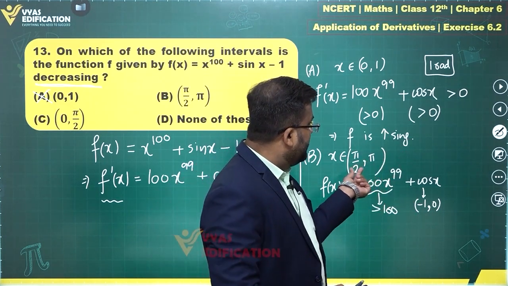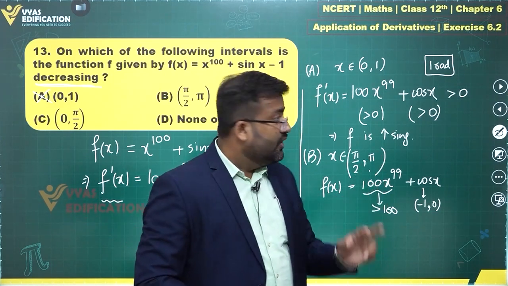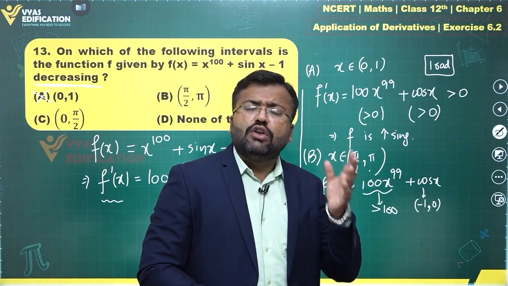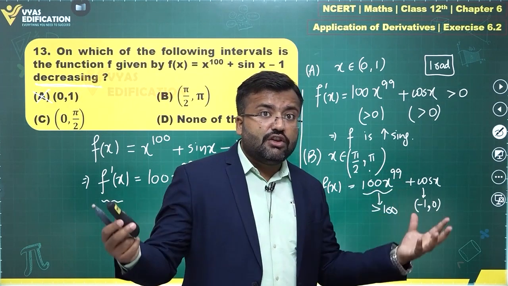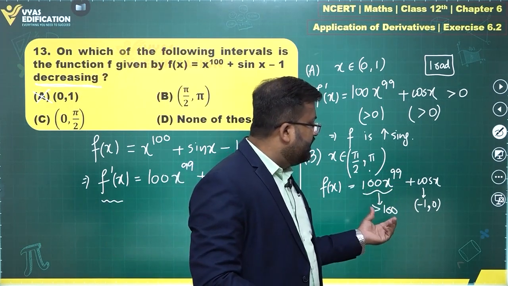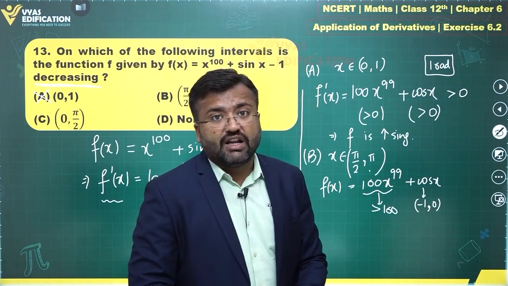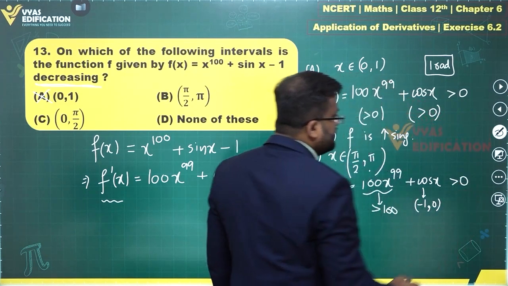Oh no, we also have x^99. This is 1.57 raised to the power 99, which is a very huge number, and then you multiply that by 100. This is very, very big compared to 100. Even if you subtract 1, you will get a positive quantity, so this is always positive.